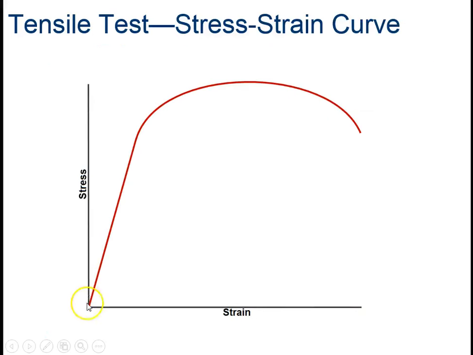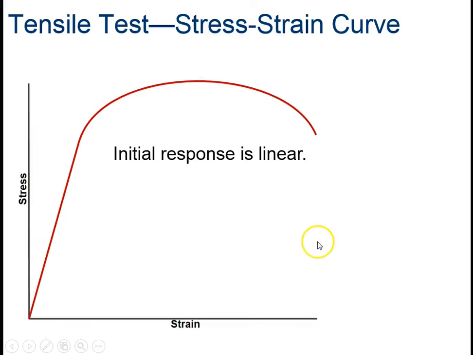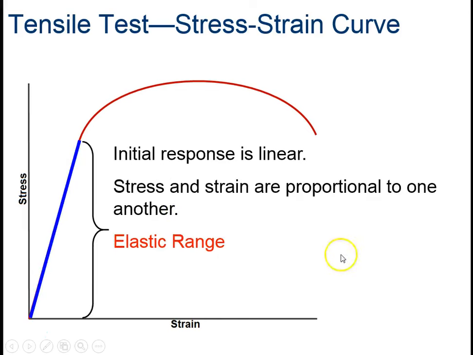So this is what your graph is labeled as, stress and strain. The initial part of it is linear. This is the elastic range. This is the range where if I just put this much stress on it and then I let the stress off, it'll go right back to the same shape. Think of the elastic range like a rubber band.